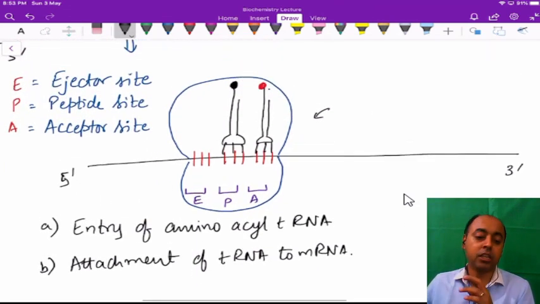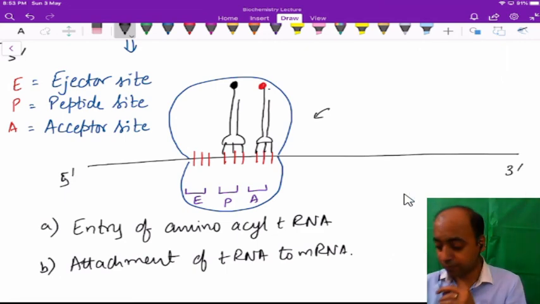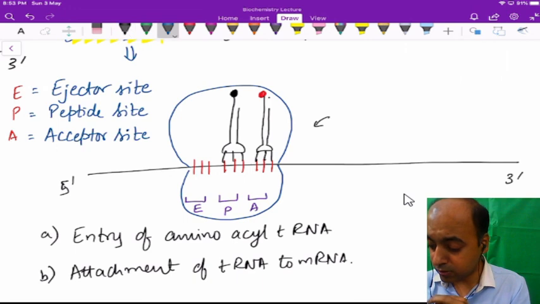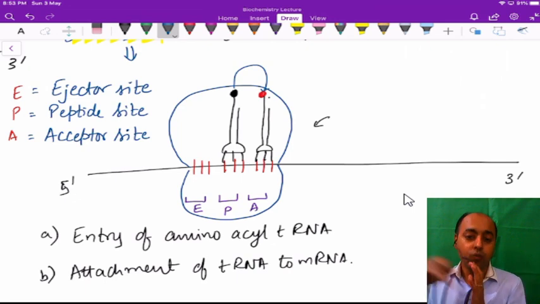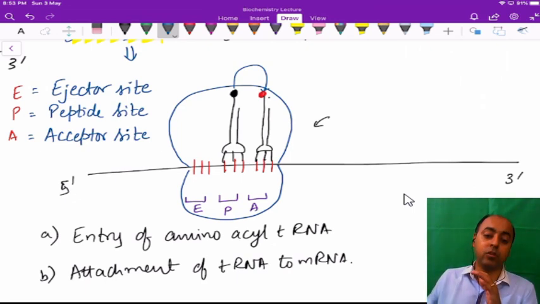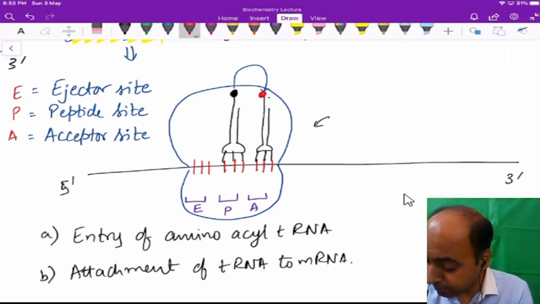Now, once the two tRNA are in position, at this point, the pre-existing amino acid will try to form a bond with the new amino acid, and the result is something like this.